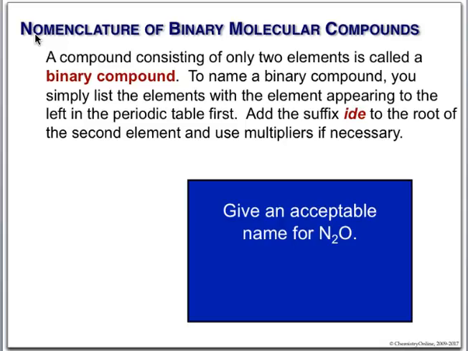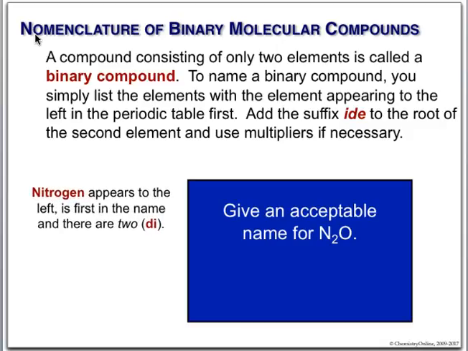2 nitrogens, 1 oxygen. Well, here we have 2 of our first element, don't we? So we have to say that. You're going to say that by saying dinitrogen.